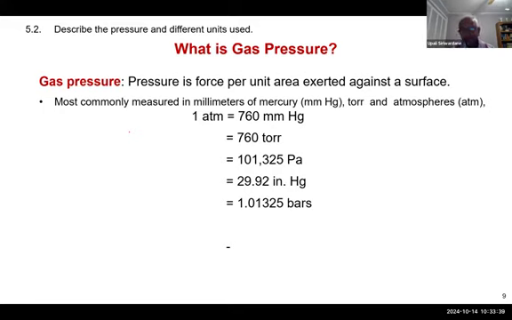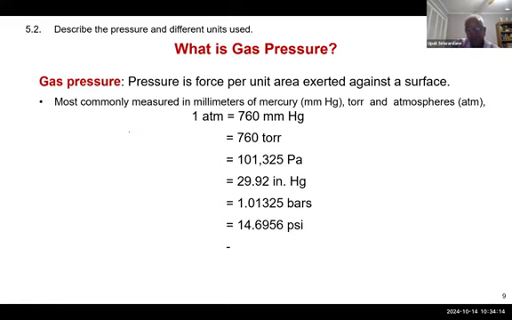We also use a pressure unit called bar. It's about 1 atmosphere, 1.01, close to 1 atmosphere. Bar is almost close to 1 atmosphere. When you get a gas tank, a helium tank, the gauges measure pressure in pounds per square inch.